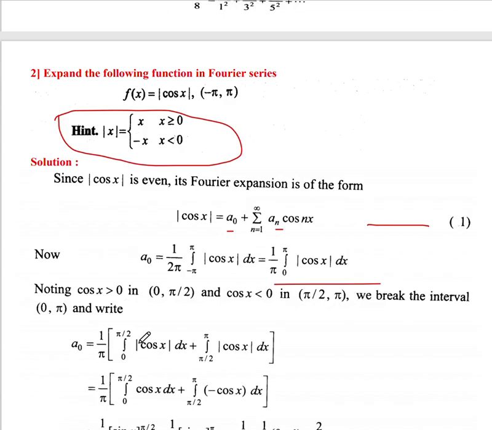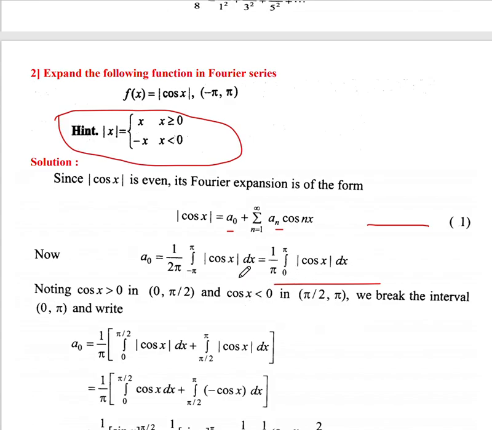Okay, so here you have to note that cos x is greater than or equal to 0 in the interval 0 to pi by 2, and cos x is less than 0 in the interval pi by 2 to pi.